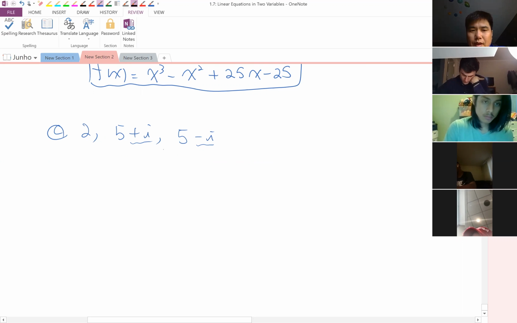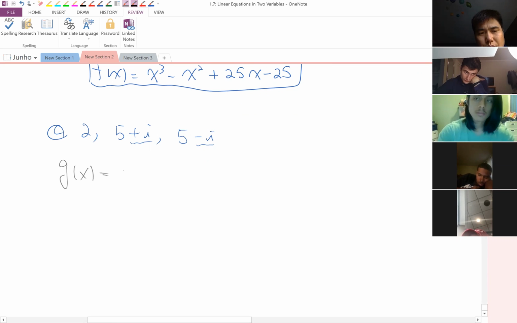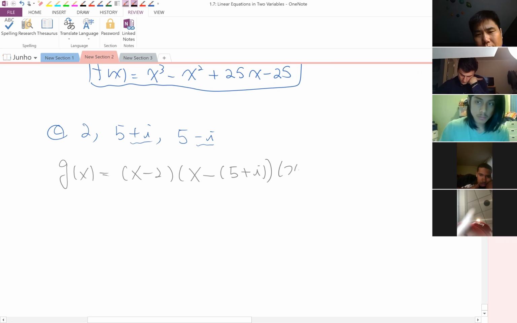Now this question will be a little different compared to the others because it is already in binomial form. So we can put g(x) equal to x minus 2 times x minus (5 plus i), then x minus (5 minus i).